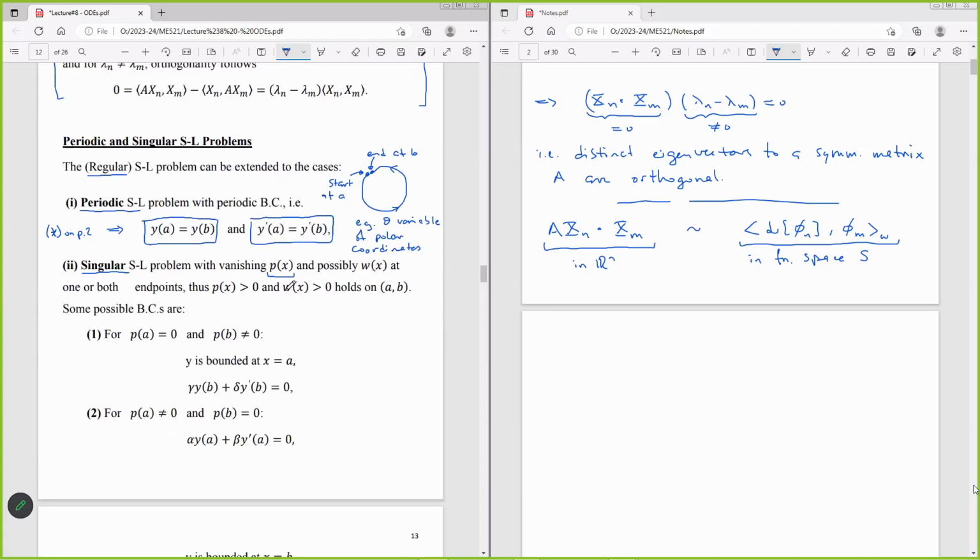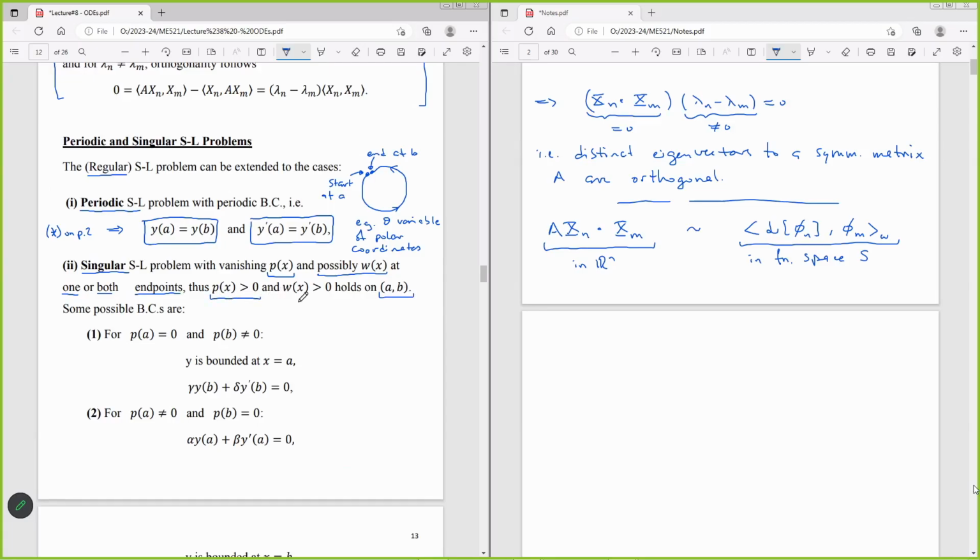All right, so at endpoints, P can vanish, okay? So P, or possibly the weight, which is not our concern here, P is our concern. P vanishes at one or both endpoints. If you consider the open interval, P does not vanish.